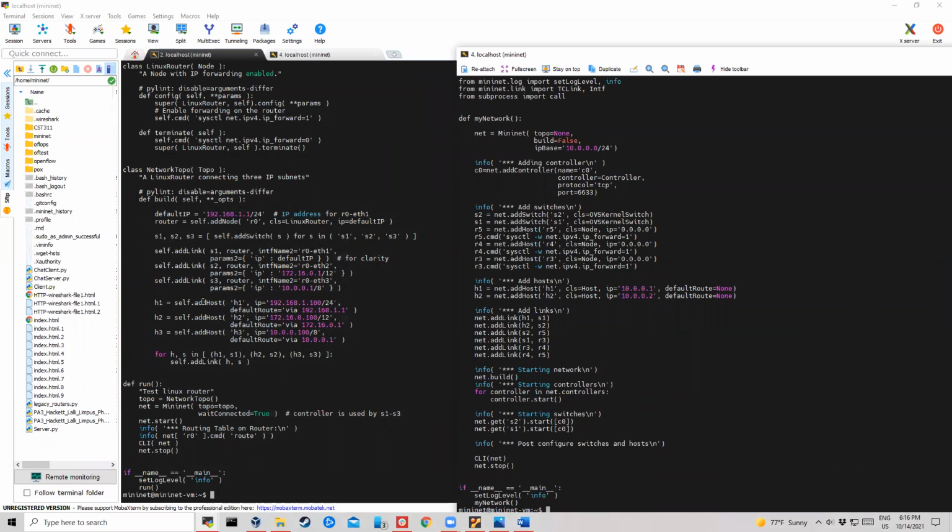So it says right here, in the example on the left, for the host, you add an IP for it, and then you also put the default route. So that's going to be the router that is attached to, the router's IP. So over here, it says default route none. So that's one of the things we have to fill in.